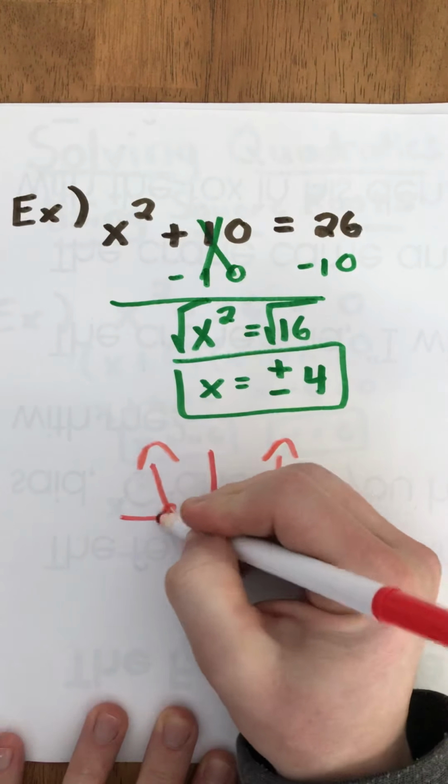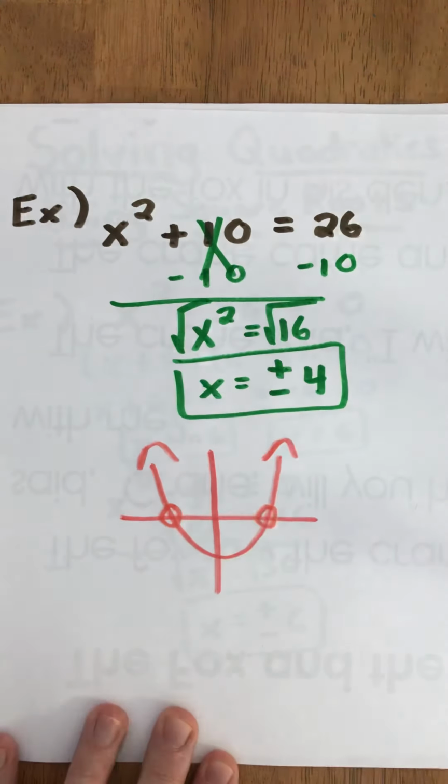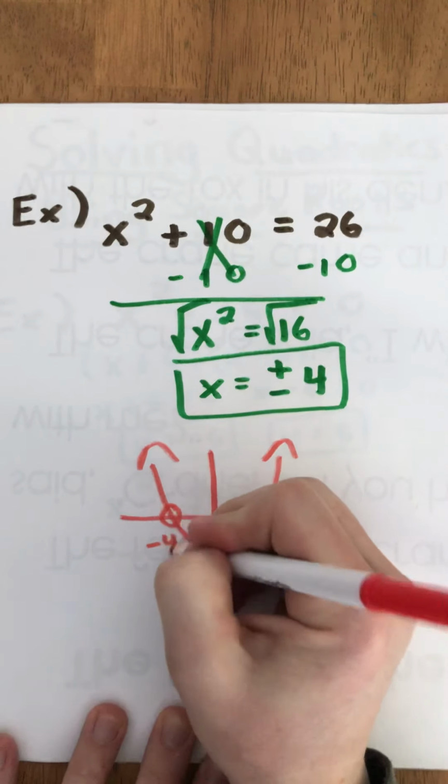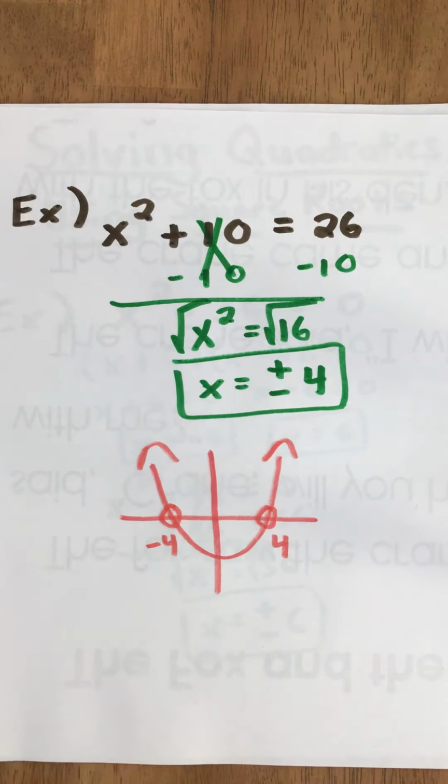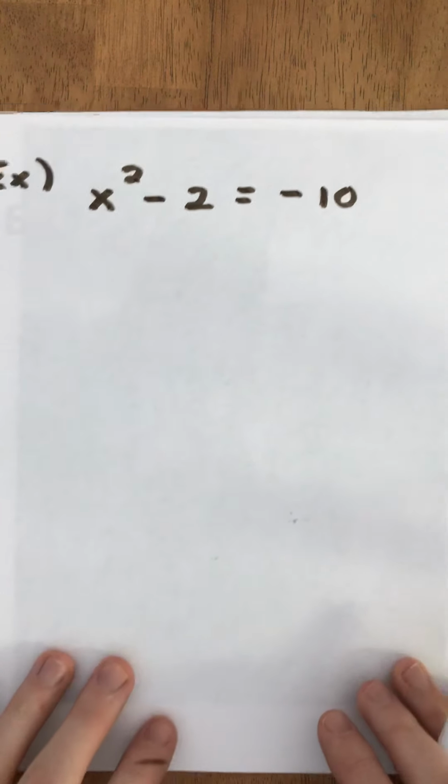It's crossing at two separate spots. In this case, negative 4 and positive 4. But from when we've done parabolas, you know that it's not always going to cross here at two different spots. There's going to be times where it's only going to cross here once, or sometimes where it won't cross here at all.